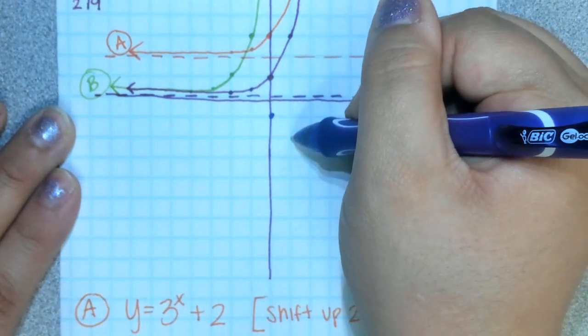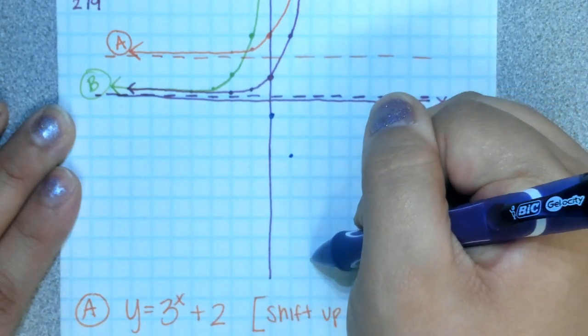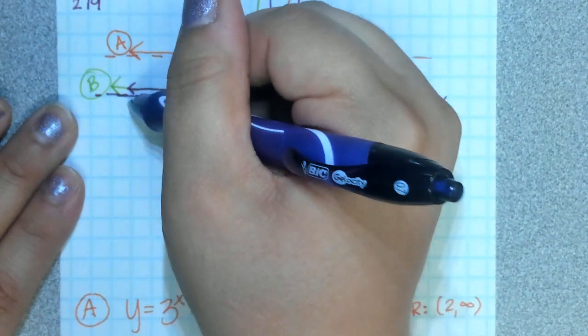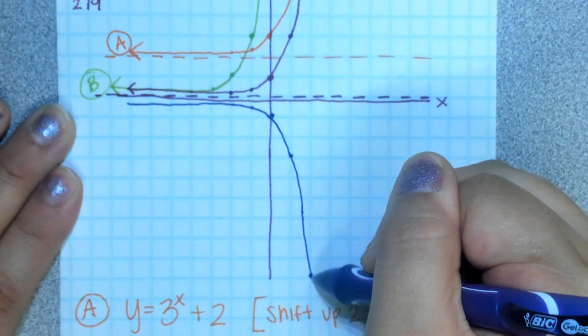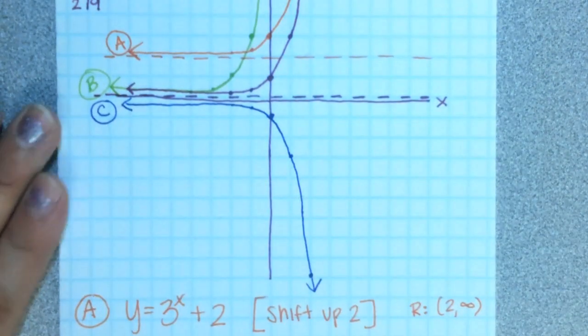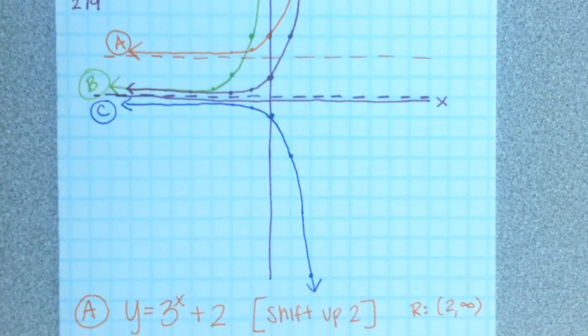Is it going to change my asymptote? Yes. However, it'll only have one graph.